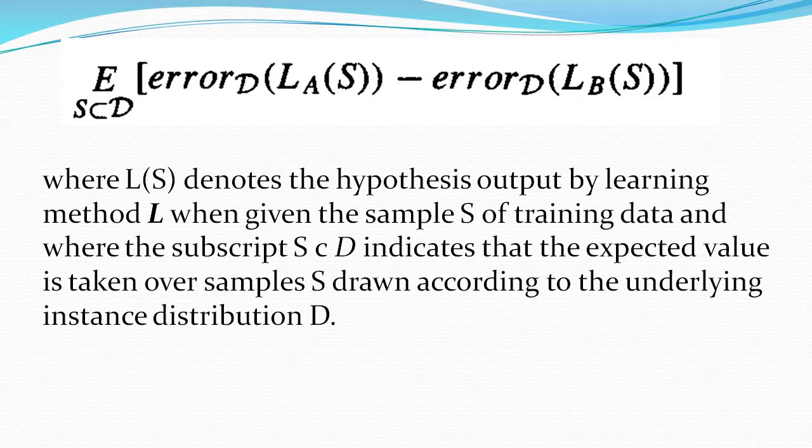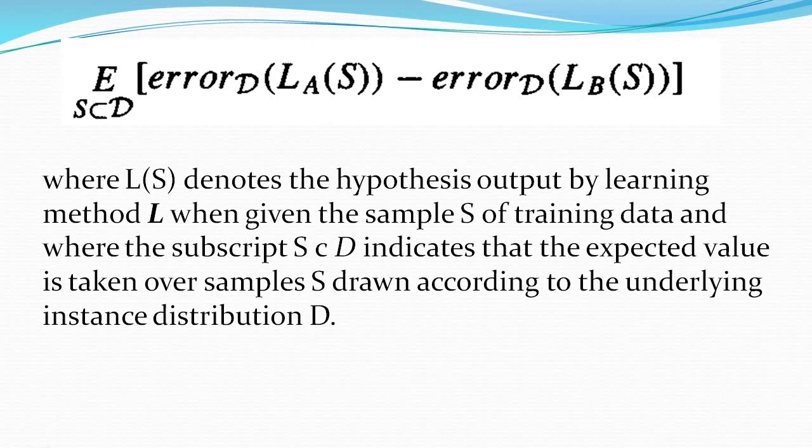This is the formula. Here S is a sample subset of the distribution D, and error D is the true error. LA of S: LA is our first algorithm, and the sample we are taking is the same sample for both algorithms, LA and LB.